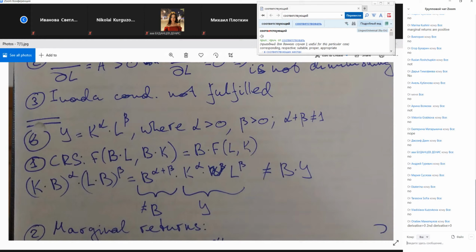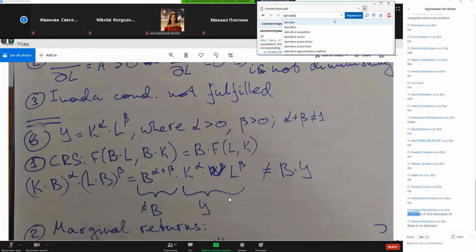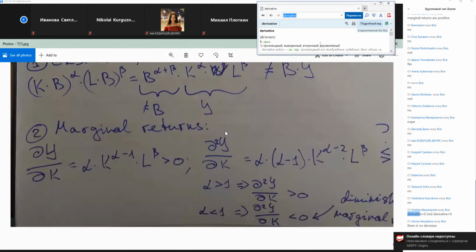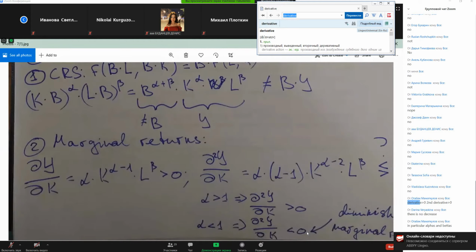Yes, the first derivative is bigger than 0. The second derivative, we can't say if it's bigger than 0 or not. We need more information, so we need to know what alpha actually is. The first derivative is positive for sure.